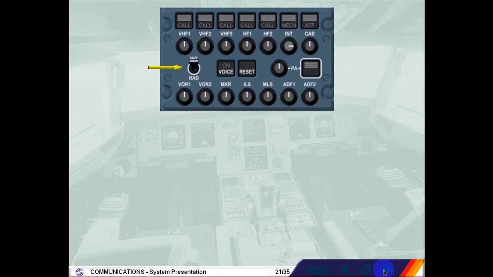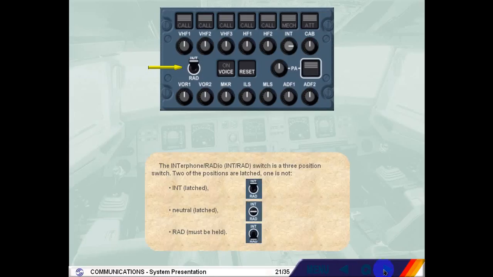The interphone radio, INT-RAD, switch is a 3-position switch. 2 of the positions are latched, 1 is not. INT, latched. Neutral, latched. RADIO must be held.